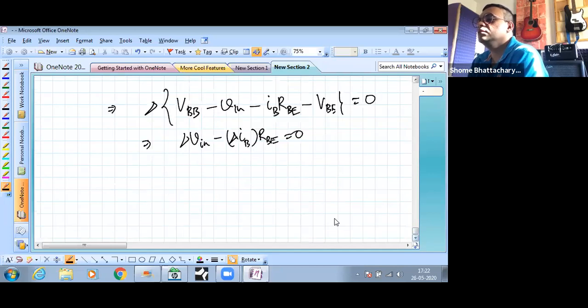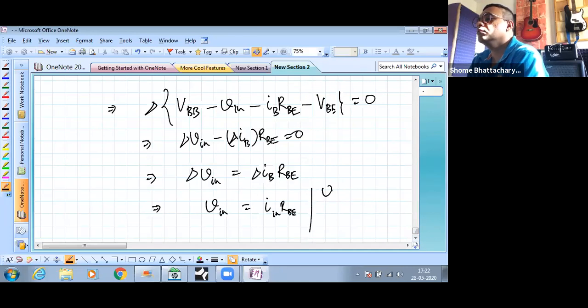Okay. So that means any change in the input voltage is the corresponding change in the base current into RB. Therefore, the amplitude of the input voltage will be equal to the amplitude of the current through the base resistor times RB, where this is the amplitude of the input voltage.